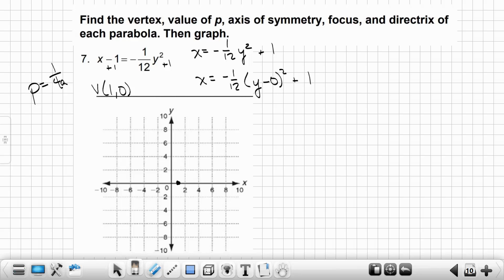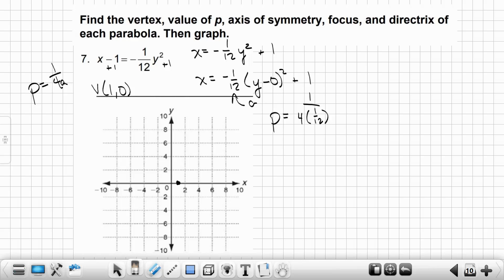I want it done. Come on. It's not times, no. This is my A. That's my A right there. 1 over 4 times 1/12.